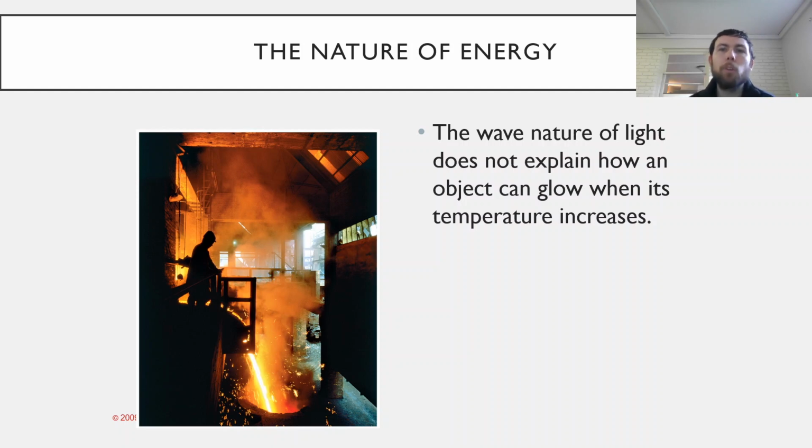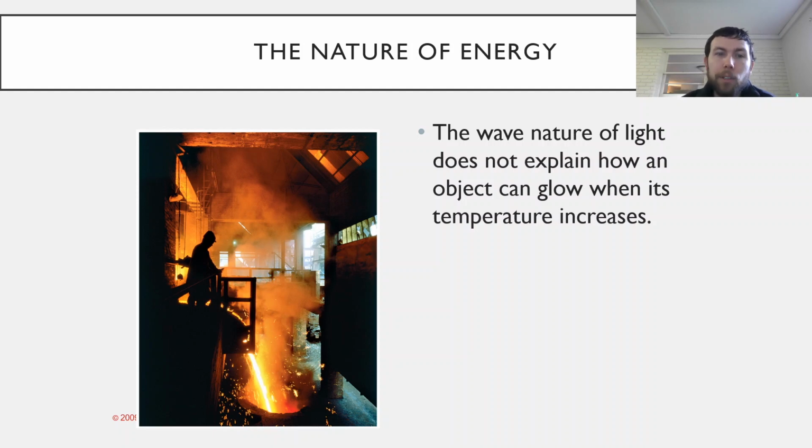But the wave nature of light didn't explain properly how an object can glow when its temperature was increased, right? You take a look at the image that's over to the left. They've got some sort of metal that they've heated up to quite a high temperature. And we know that that's hot because that liquid is glowing, right?